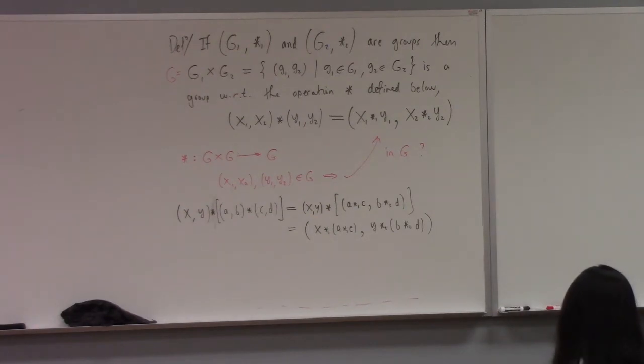And then, to move the parentheses, we use the associativity of the groups G1 and G2 separately.